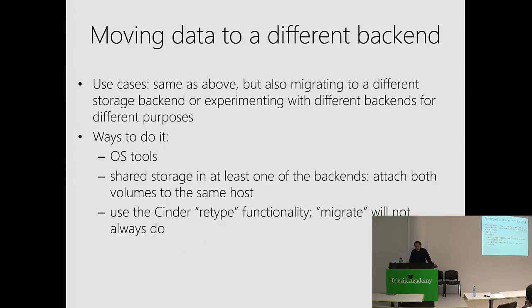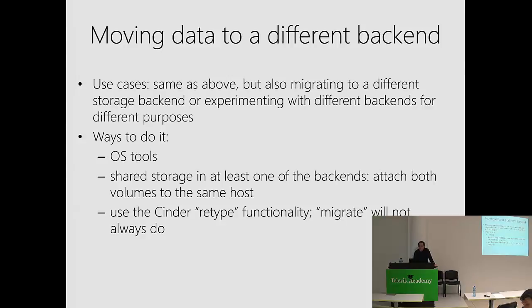Now, the really interesting situation is when you want to move data between different backends. In those cases, of course, the operating system way is still an option if you can get access to the volumes, and you almost always can. If at least one of the backends is a shared storage backend, you can attach the volume to a host and somehow transfer the data between them.